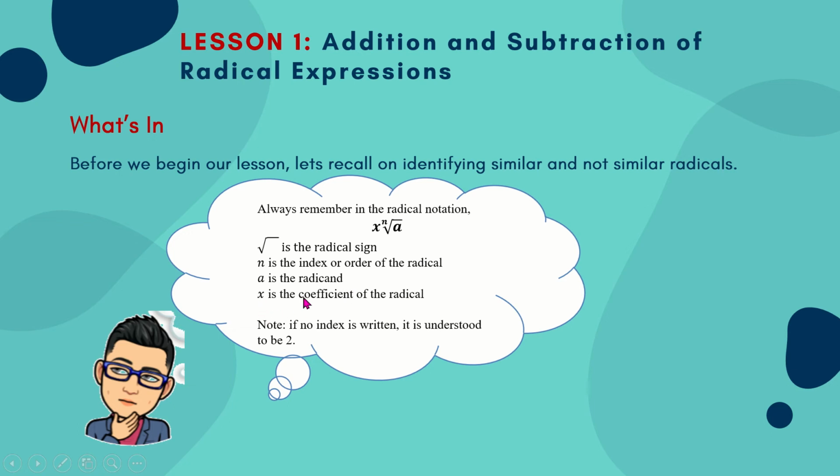X there is the coefficient of the radical, a numerical coefficient, or it can be a literal coefficient of the radical. So those numbers and variables found outside the radical expression are considered coefficients. Note, if no index is written, it is understood that the index is 2 because 2 is the least index.